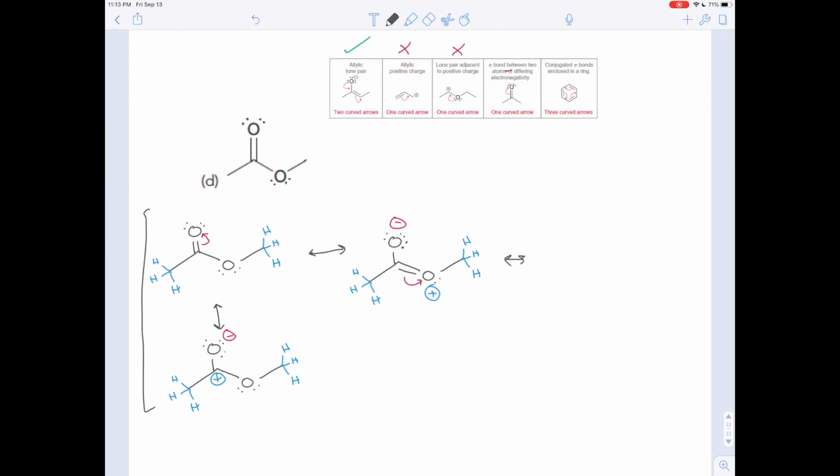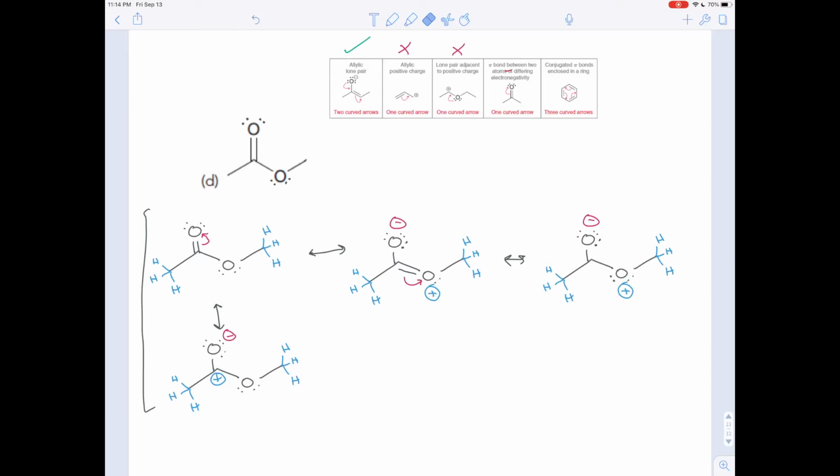So I'll draw that special resonance arrow that tells you to take the average. I'll copy my molecule, and wherever you have the tail of a curved arrow, those are electrons that will be moving away from there, so you erase those. Wherever you have the head of a curved arrow, that's a place where electrons are arriving, so you'll draw them in. If the head of a curved arrow is pointing at an atom, then you draw the electrons as a lone pair. So we'll draw that lone pair there.